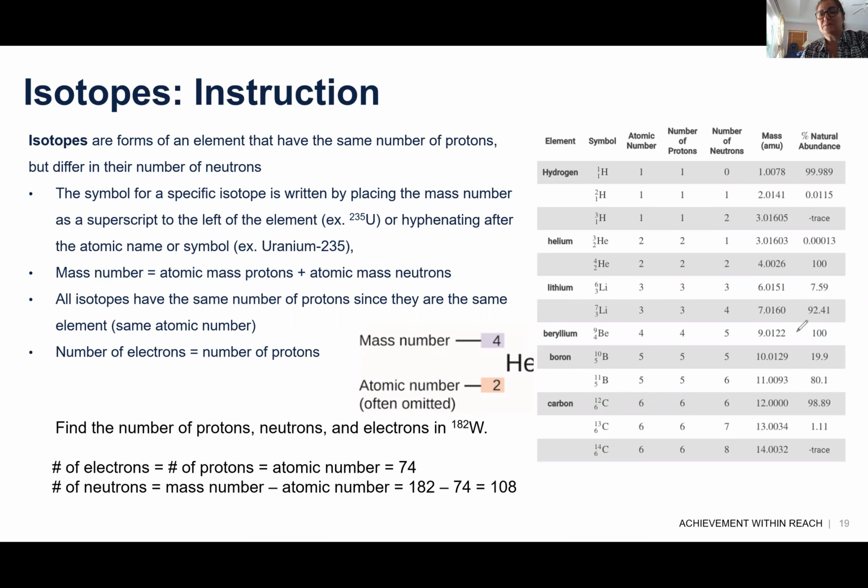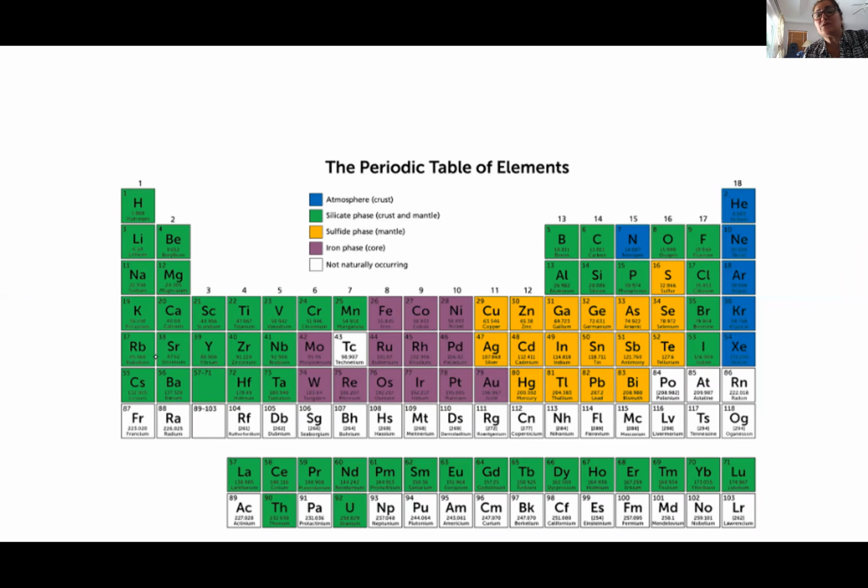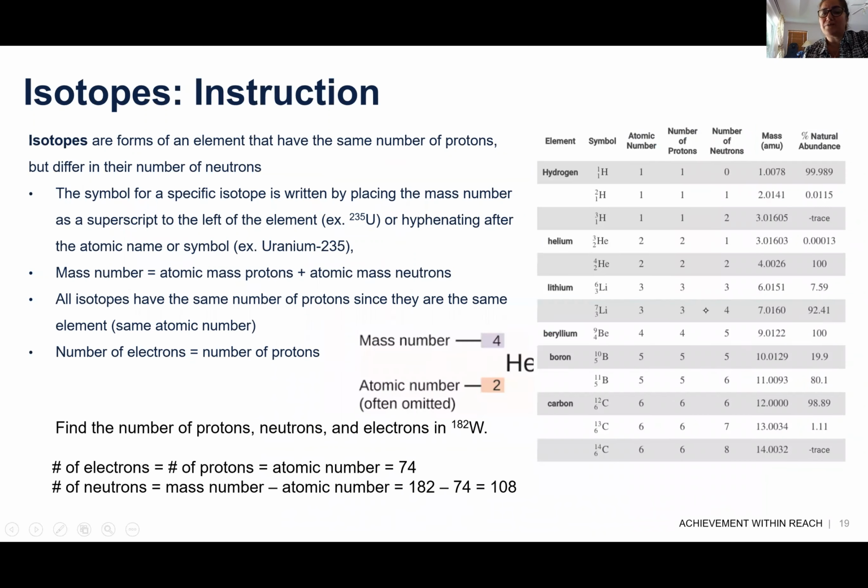For those elements that have decimal places, like 35.45 for chlorine, that means that the element had multiple isotopes, and we took the average mass, and based on the average mass, we have the decimal place.